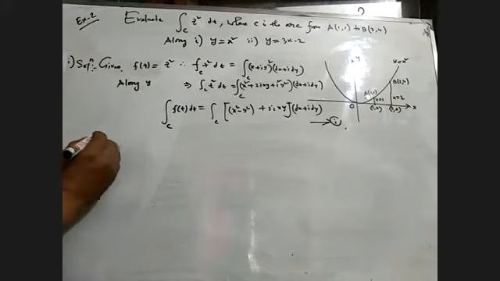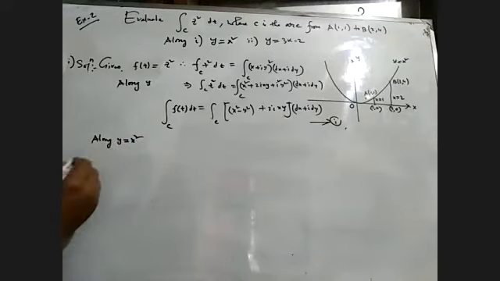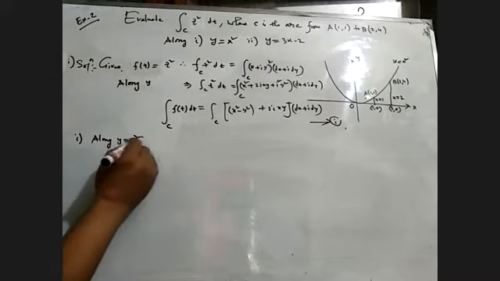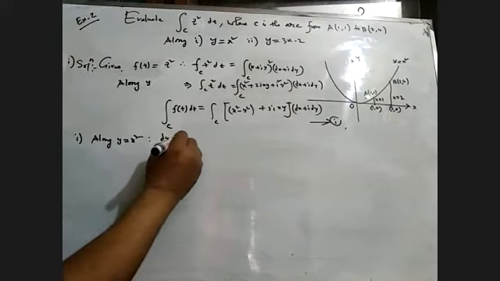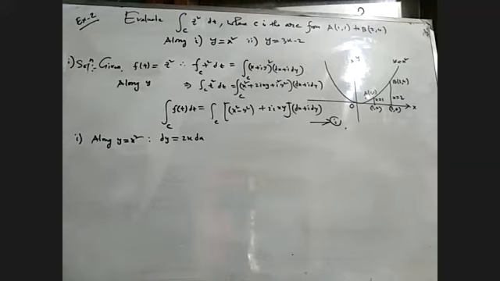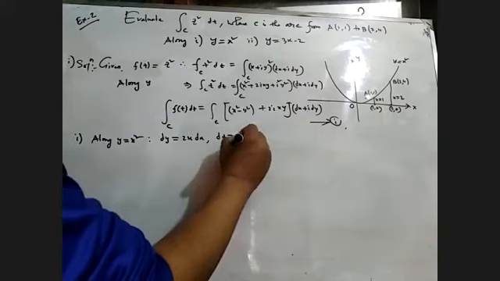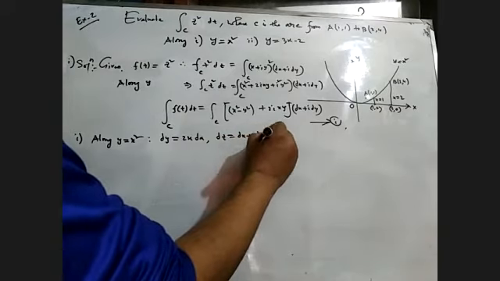Now along y equals to x square, first one, along y equals to x square, dy what will be? dy will be twice x dx, and dz equals to what? dx plus i dy.